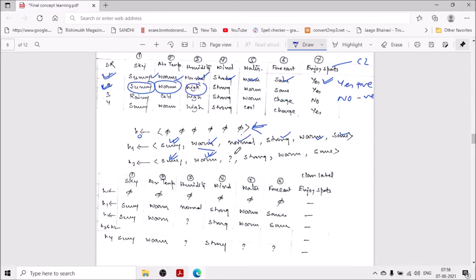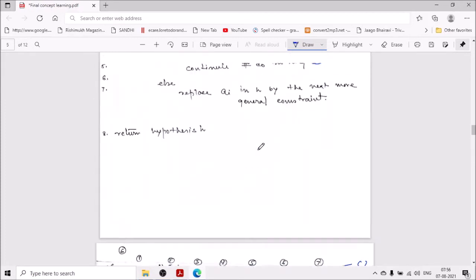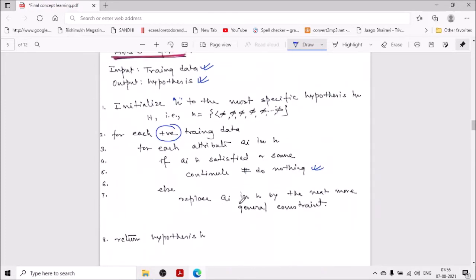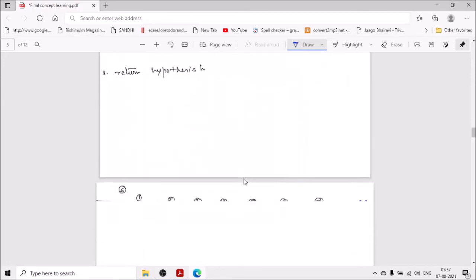So if it is different, then we have to apply the next more general constraint. For more general constraint, we use the question mark. And if it is the same, then we continue the process, that means keep as it is. Are you getting this one?